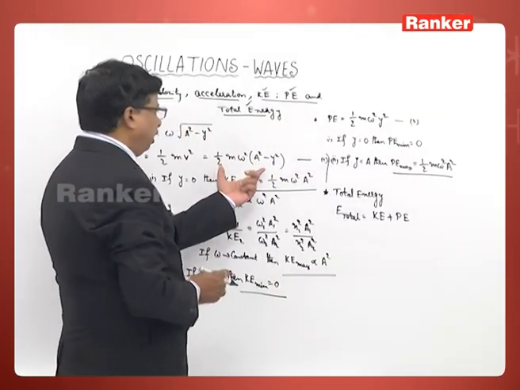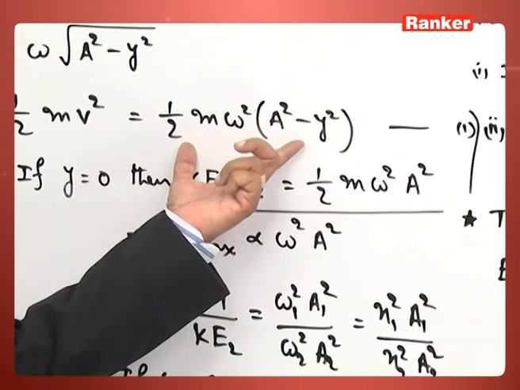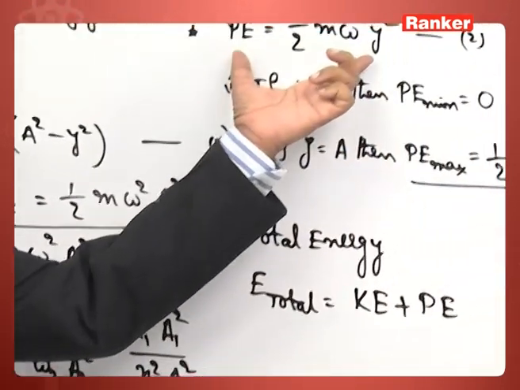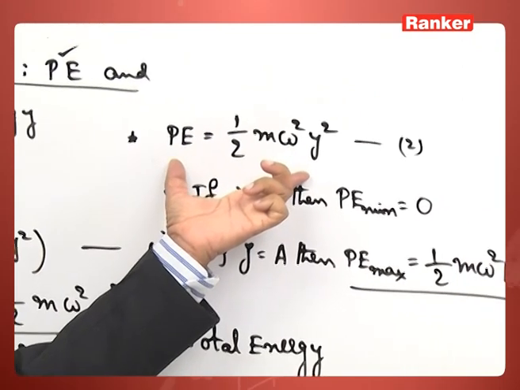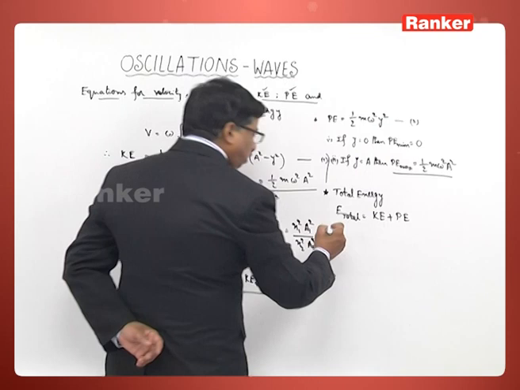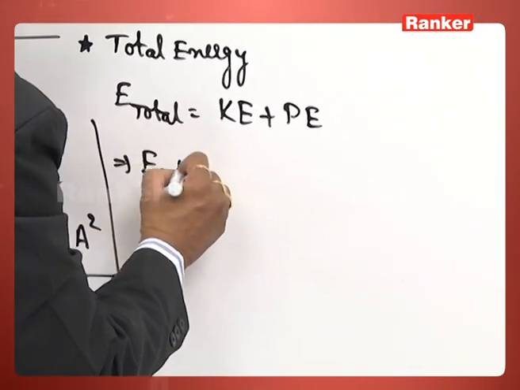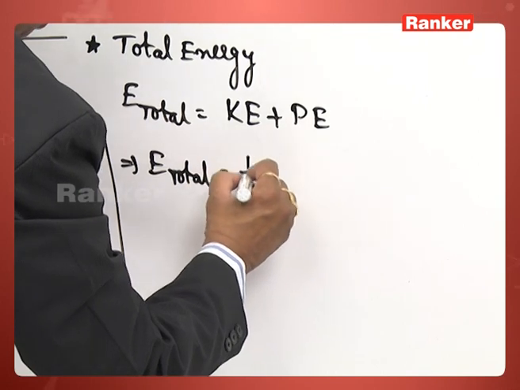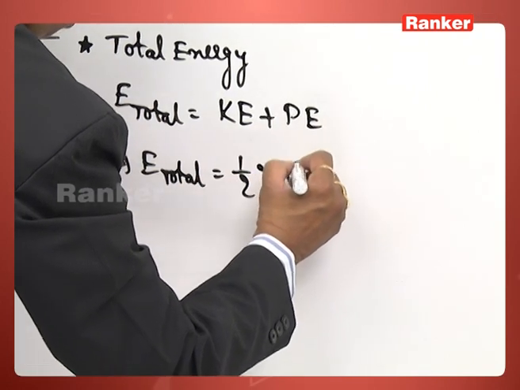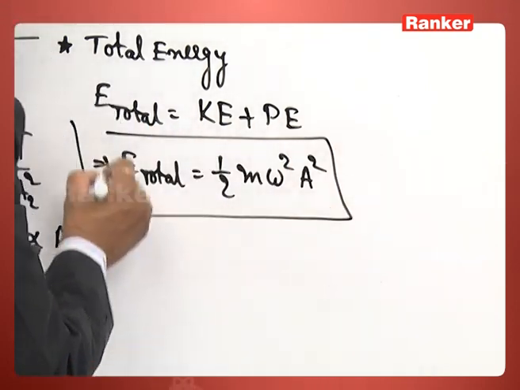Kinetic energy formula is already here, half m omega square into (a square minus y square). Potential energy we have taken here, that is half m omega square y square. Come on, adding these two, what are you going to get? You can directly understand. The total energy now becomes half m omega square a square again.